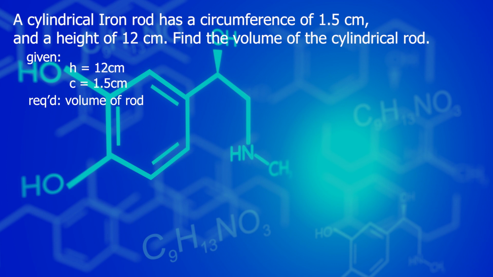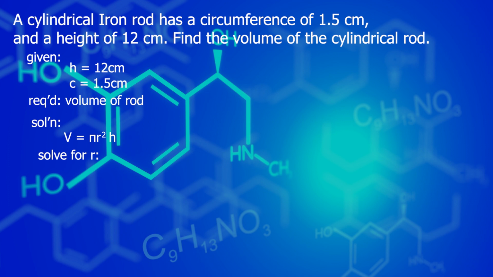Now, since this is a cylindrical rod, the volume is governed by the formula pi r squared h, where the h here is the height of the metal rod. Since the radius is not given, we have to solve for the radius.